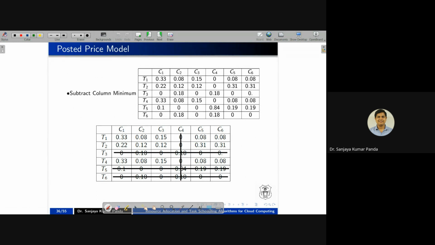The maximum number of lines is always 6: 1, 2, 3, 4, 5, 6. So I have covered all elements with 6 lines. That is the maximum number of lines. But I am asking you to go for the minimum number of lines. The minimum number of lines you need to cover the zero elements is 4. So it is expected to be 6, but you are getting 4.